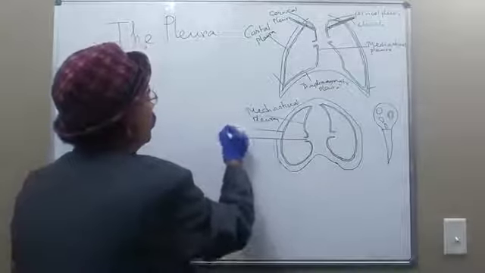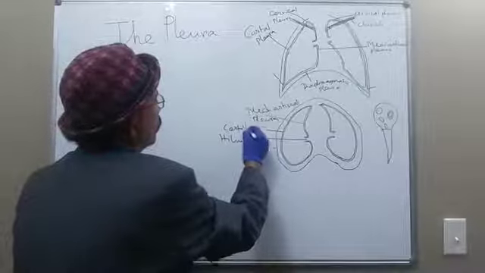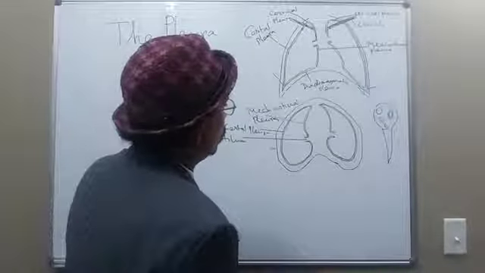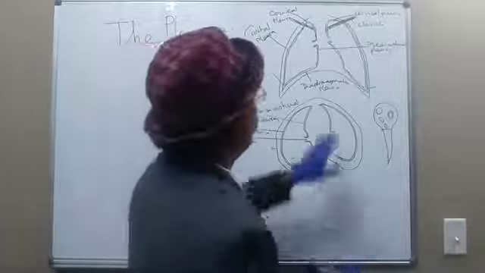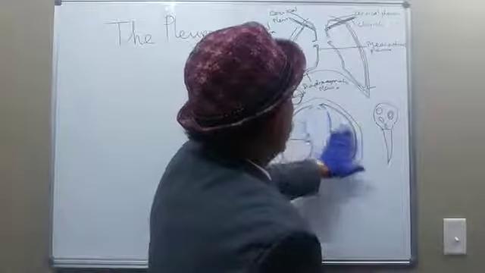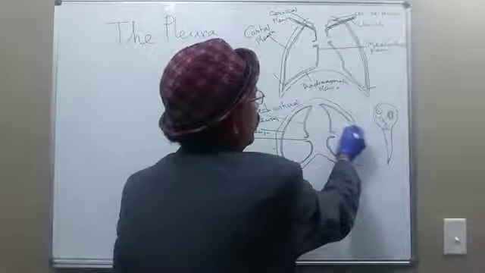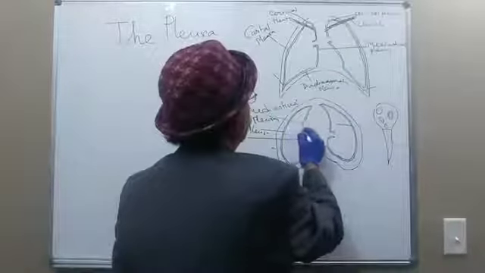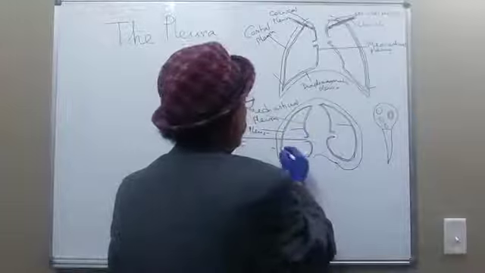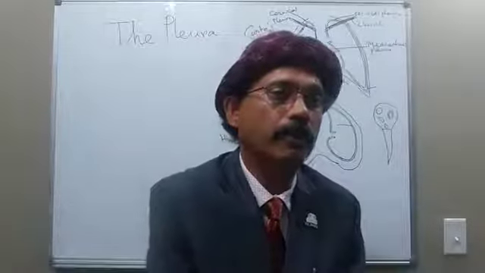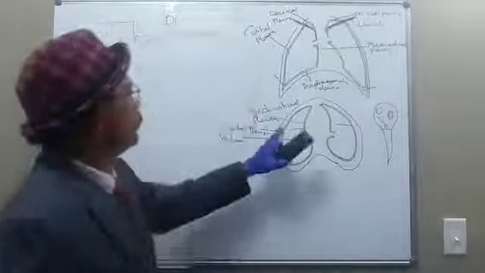This is the costal pleura. Okay, we got that. And here we get the heart. This lung, another lung. We have fissure. Along the fissure we'll get the visceral pleura. It should go along with the fissure also. Okay, we got the structure.